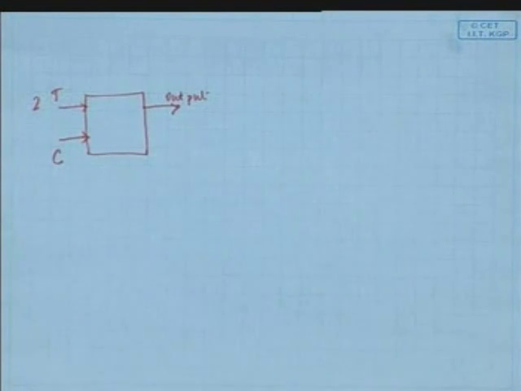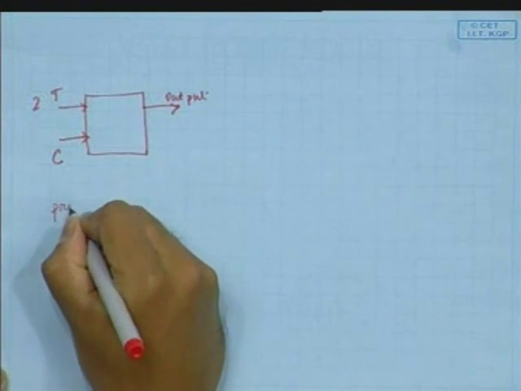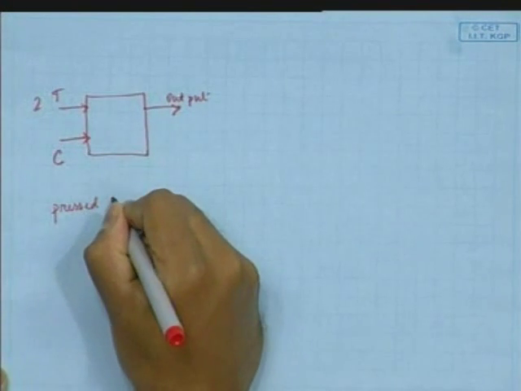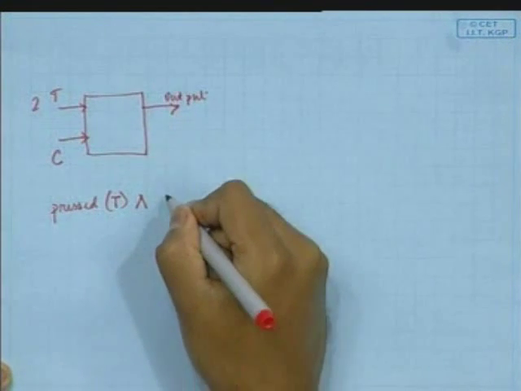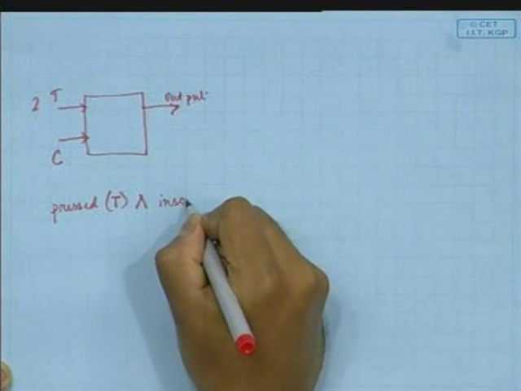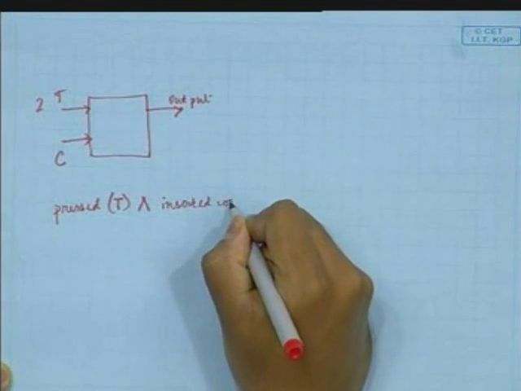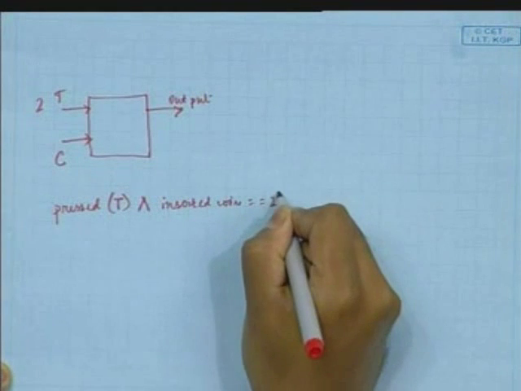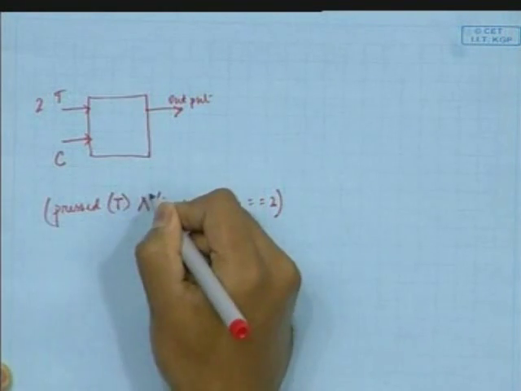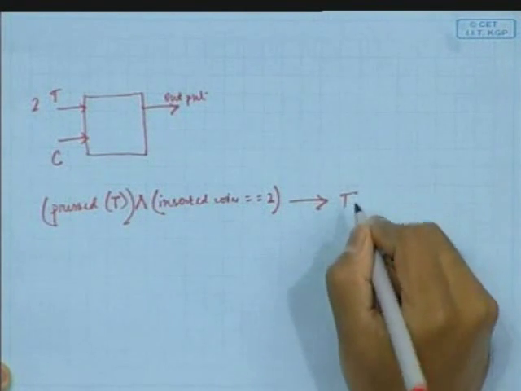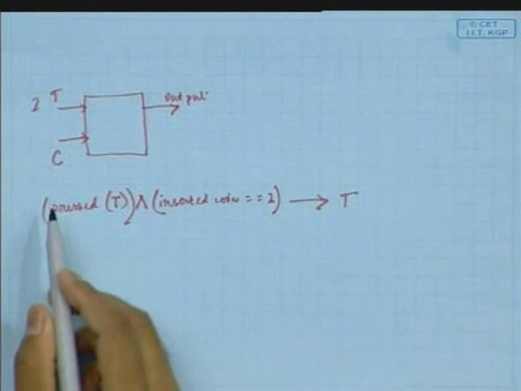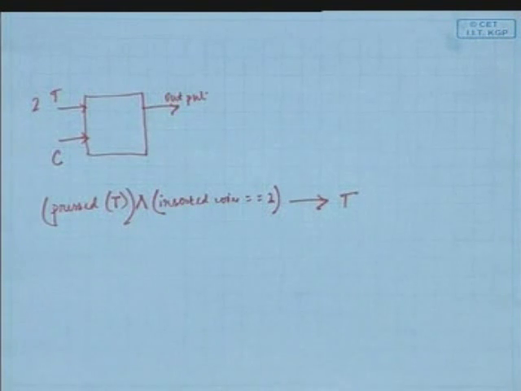That is, if the button for toffee is pressed, T, and then inserted coin has the denomination 2, then it will output a toffee. So that's how we formally specify the characteristic requirements for a machine.